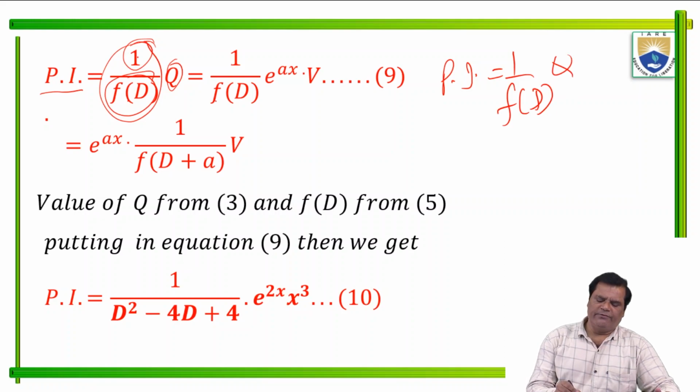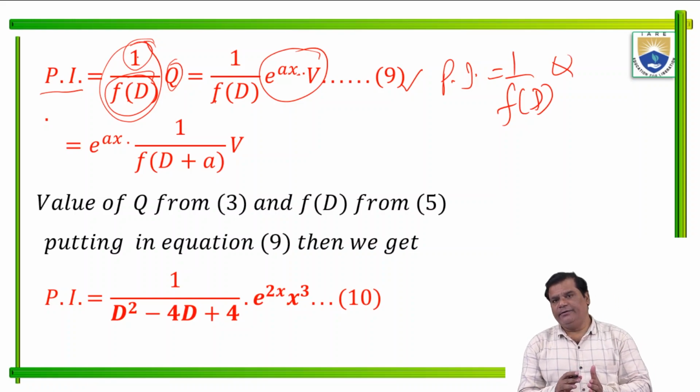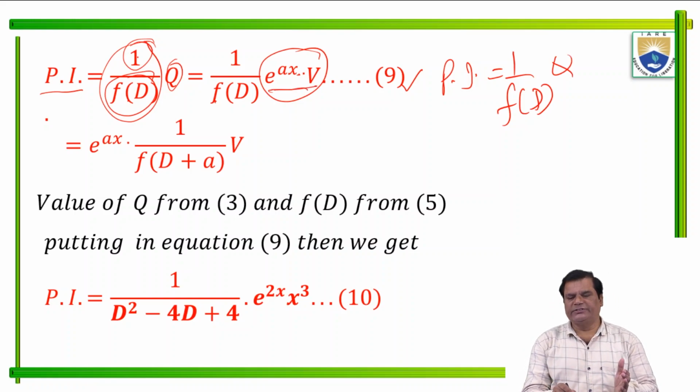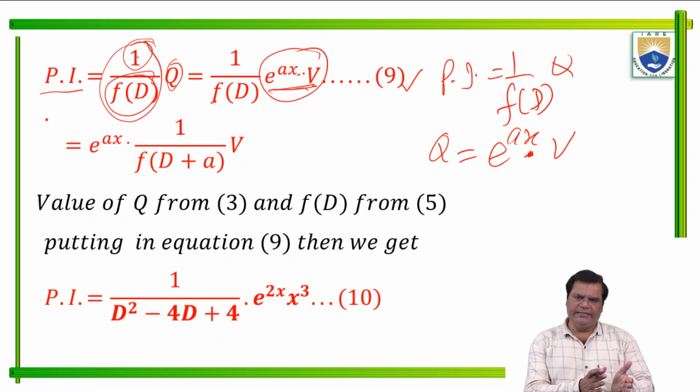So here 1 upon f(D), Q is this function, e to the power ax into b. This is equation number 9. We have already discussed in 9, here is a multiple of two functions. Q is e to the power ax into b, two functions multiplied. We have already proved this result.